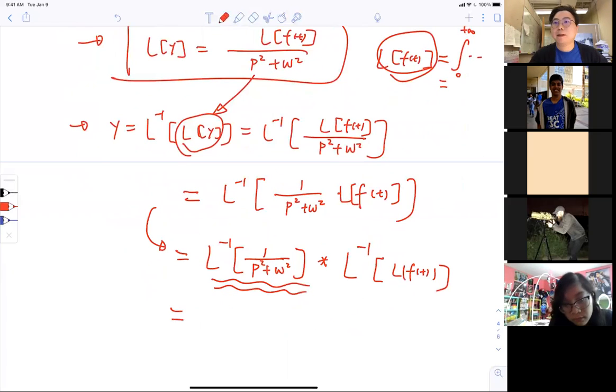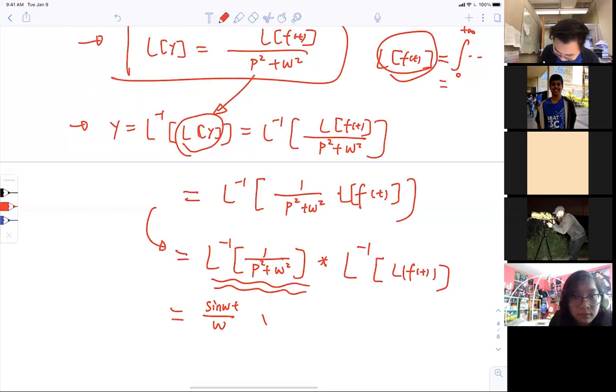What's this? You can look it up in the table. I really didn't remember what it is; I think it's sine omega t over omega, convolved with this one.